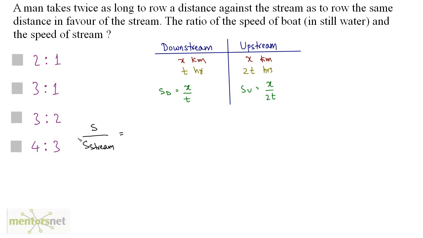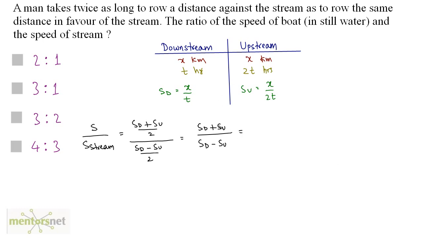Now we know the formulas. The speed of the boat in still water is equal to the downstream speed plus the upstream speed by 2, divided by the speed of the stream, which is equal to the downstream speed minus the upstream speed by 2. So what remains is SD plus SU upon SD minus SU.